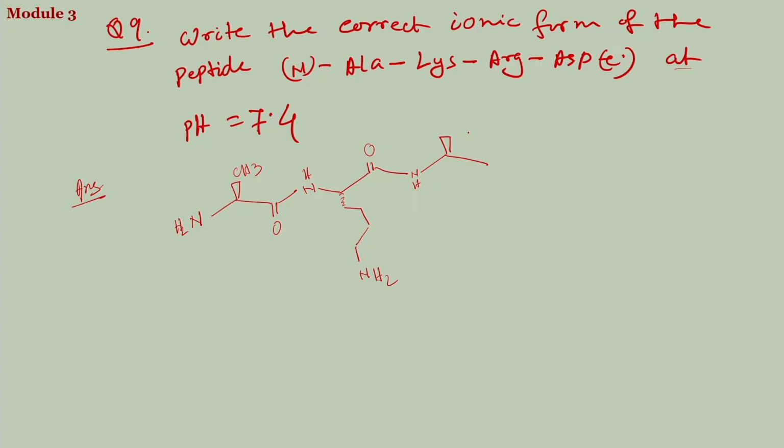Arginine. Arginine has 1, 2, 3 carbon, and then you have NH, double bond NH, and here is NH2. I guess that is the structure of arginine, you can verify.